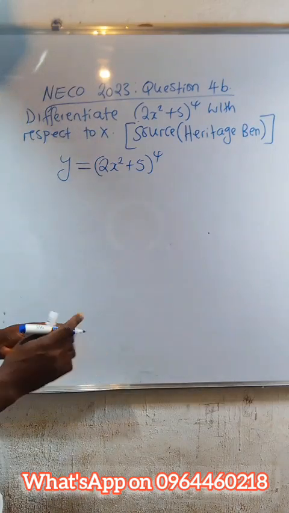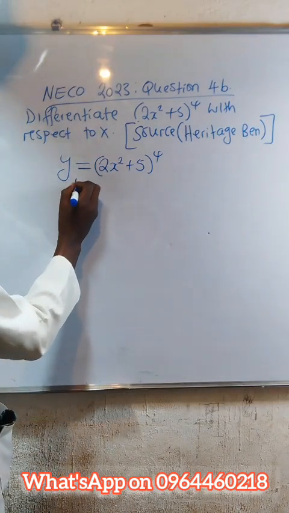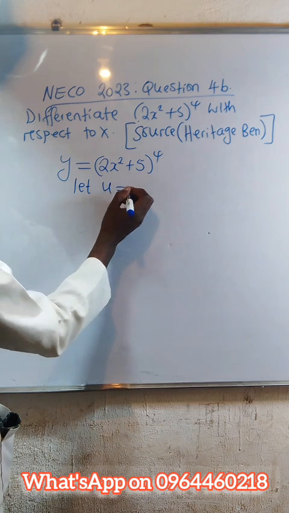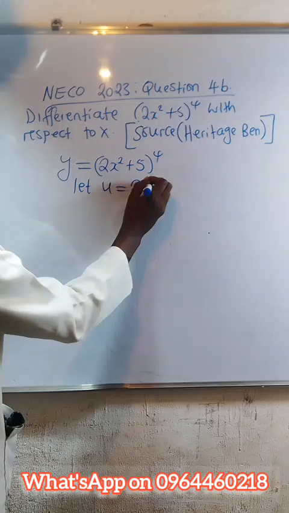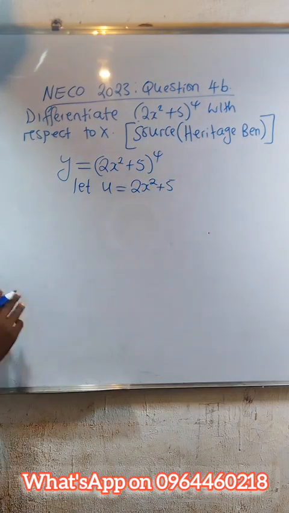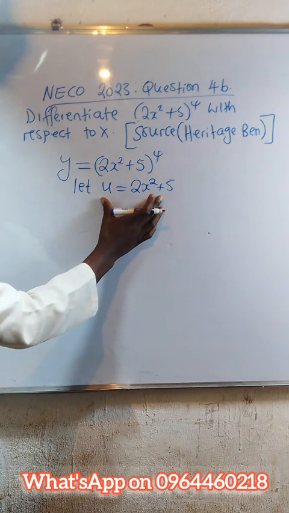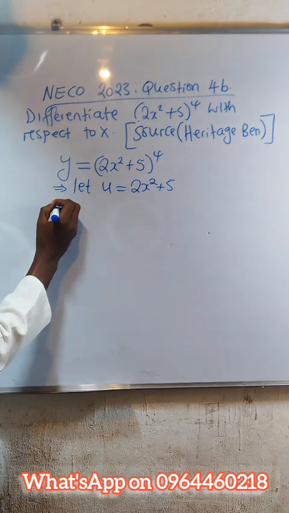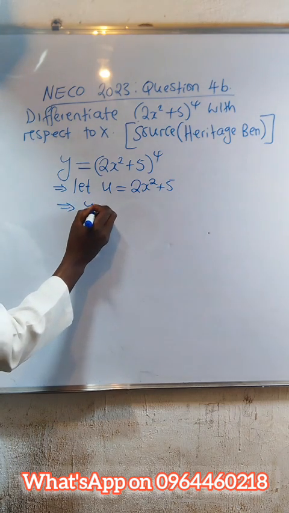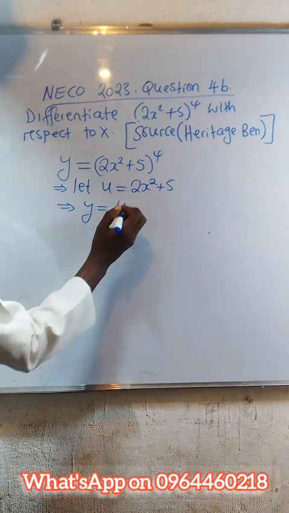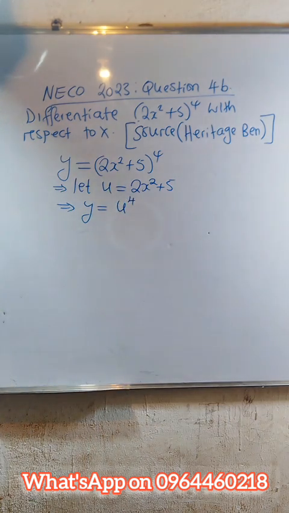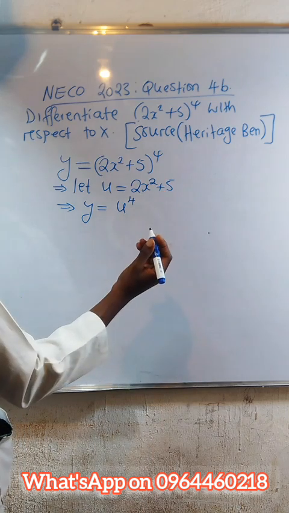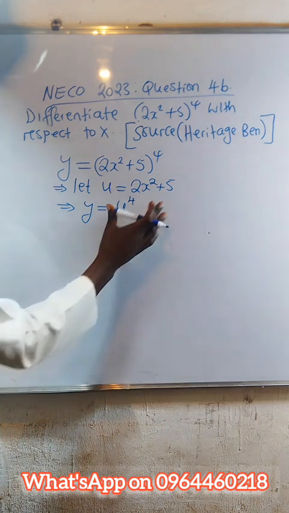What you do is let u equal the function inside the bracket, so u = 2x^2 + 5. Then we substitute, and y is equal to u to the power 4.